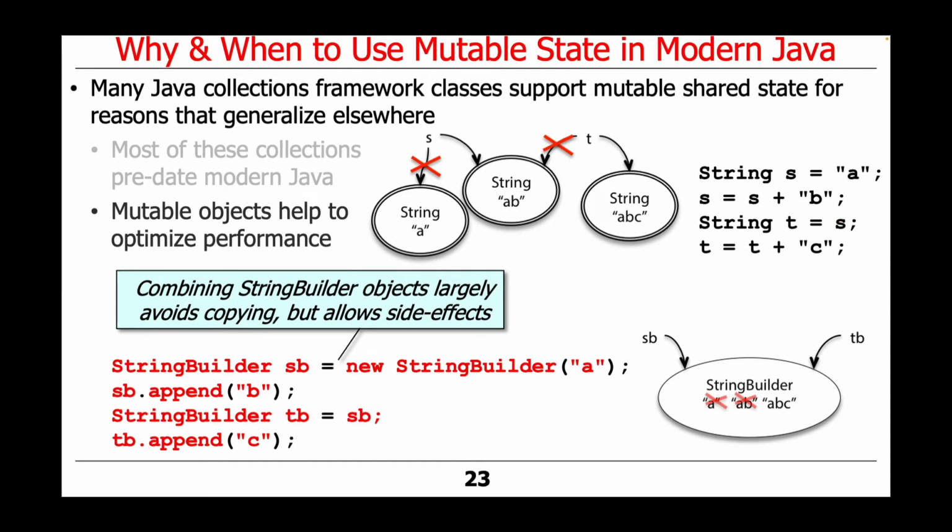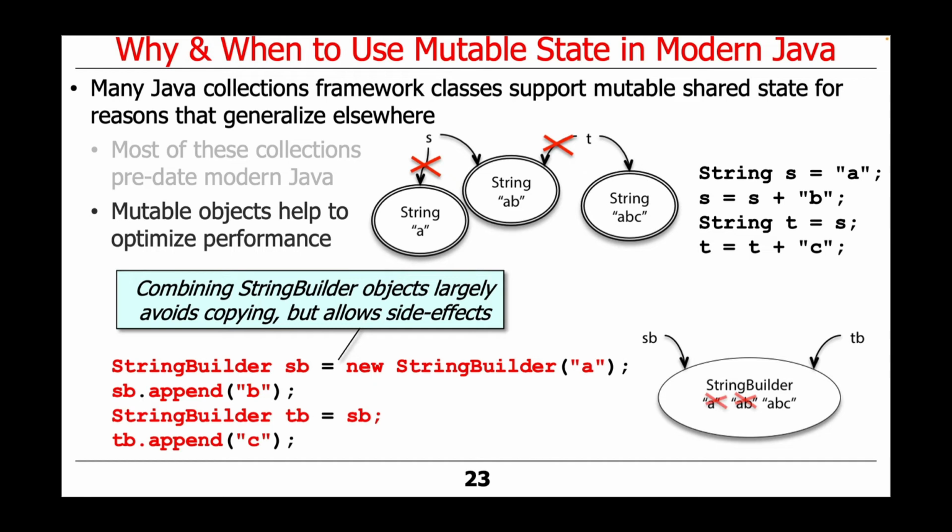Let's now turn our attention to the Java code in red at the bottom of the slide. This example demonstrates the use of StringBuilder, which is a mutable Java class that can be used to efficiently concatenate together Java strings and string literals. We start by creating a new StringBuilder that encapsulates the string literal A and assign it to the variable SB. We then append string literal B to the end of SB. Next, we create a new StringBuilder TB that's assigned the value of SB, and finally we append the string literal C to the TB instance of StringBuilder.